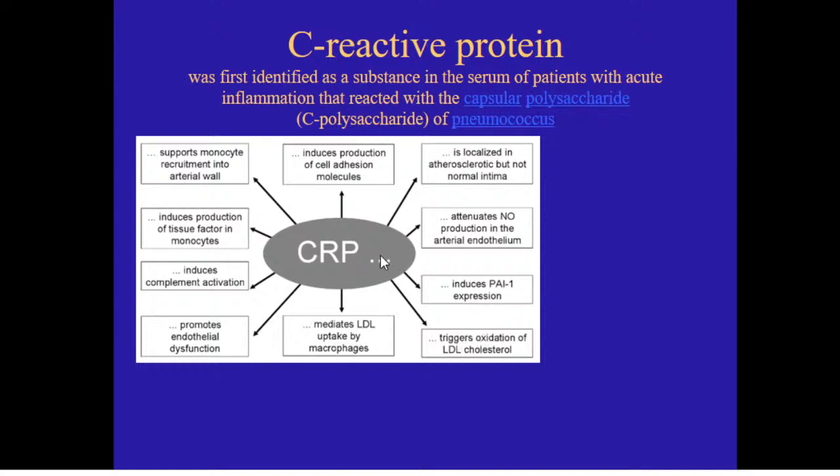So it is involved in the pathogenesis of many things like atherosclerosis, like degradation of endothelium, promotes endothelial dysfunction and induces complement activation.